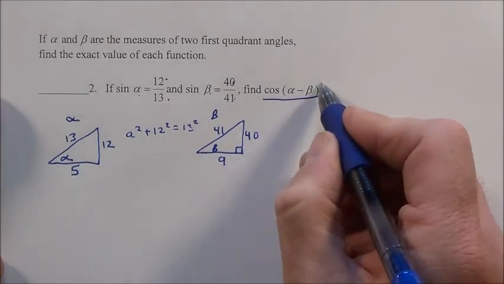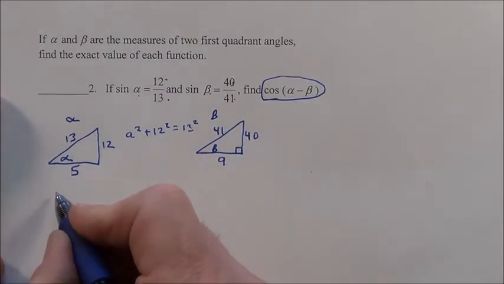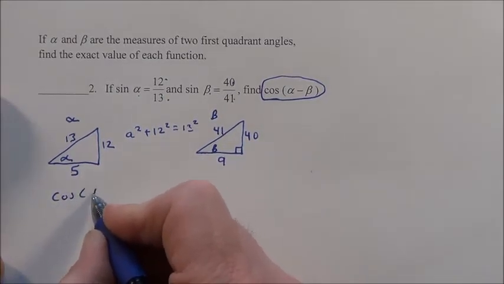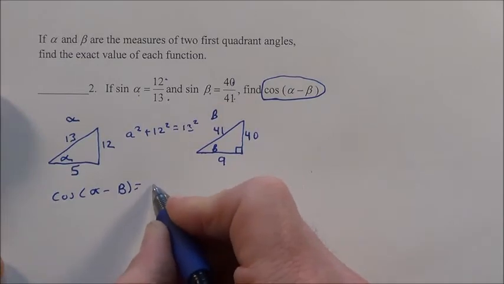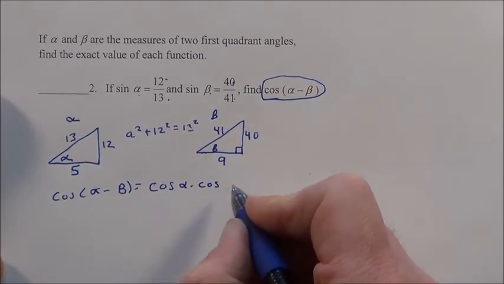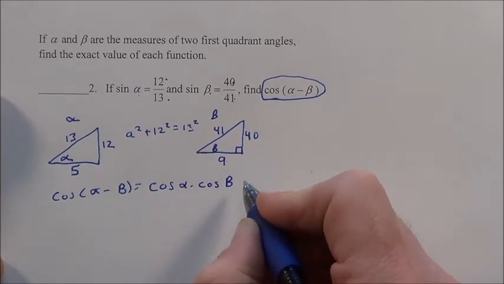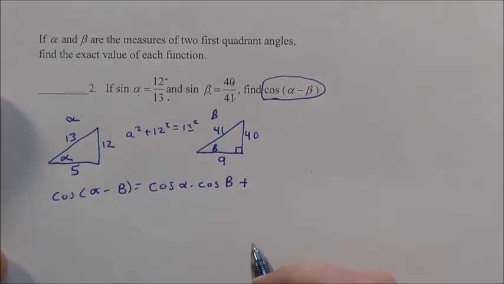Now we just apply the formula. It says, tell me the cosine of alpha minus beta. The formula says do cosine of the first angle alpha times cosine of the second angle beta. And since that's a minus, the formula says you need to do an addition here when you're doing cosine.